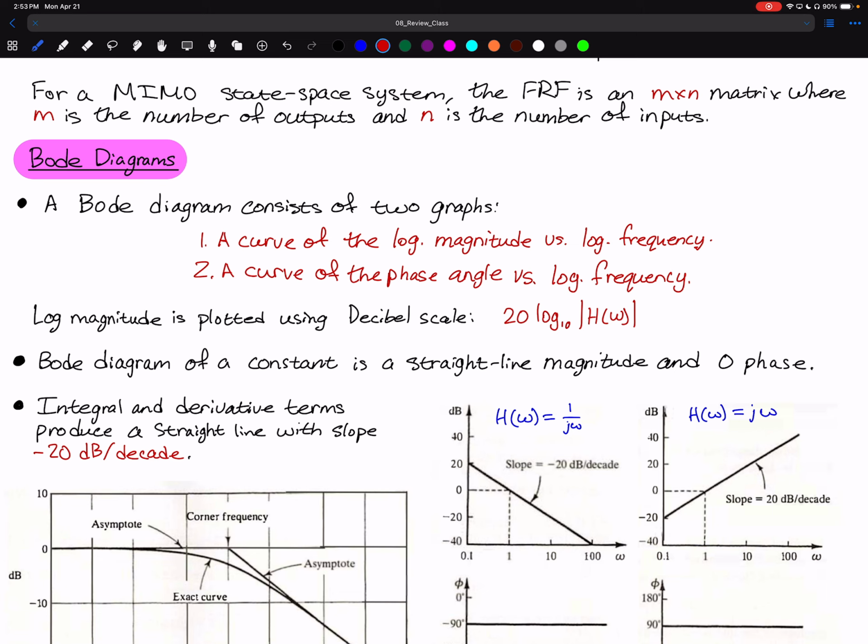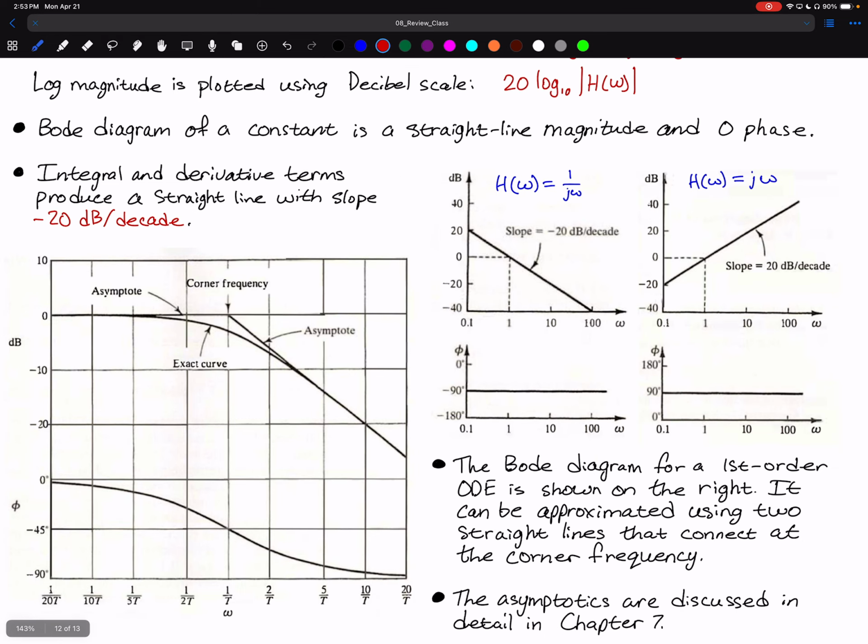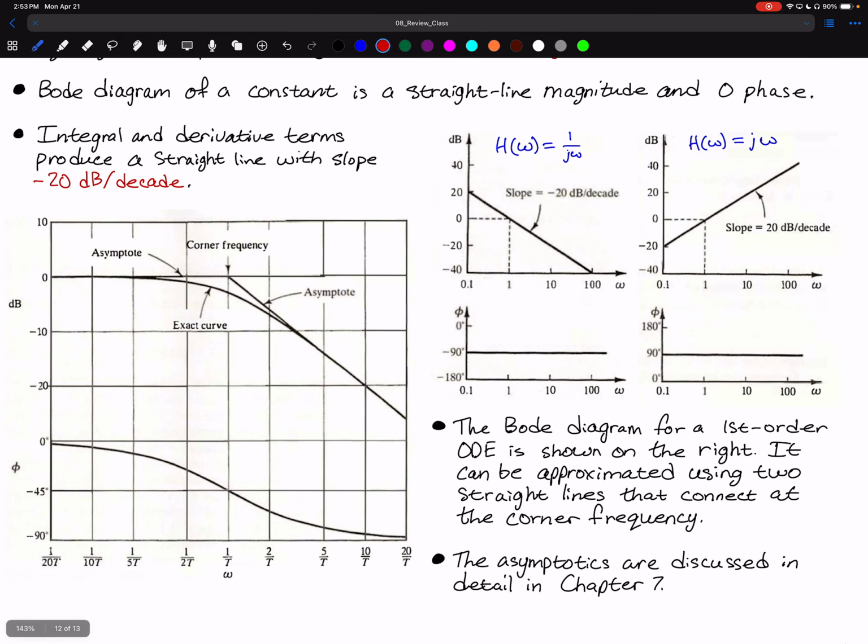Integral terms will produce a straight line with a slope of minus 20 dB per decade. Have those shown on the right there. And then on the left here is the Bode diagram for a first order system. Well, it says right, but it's on the left actually. Correct that.